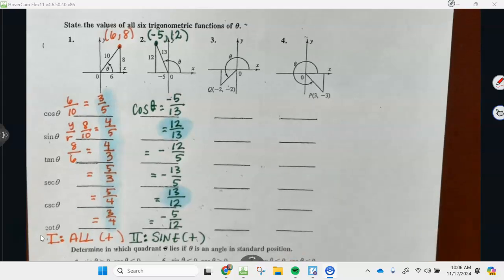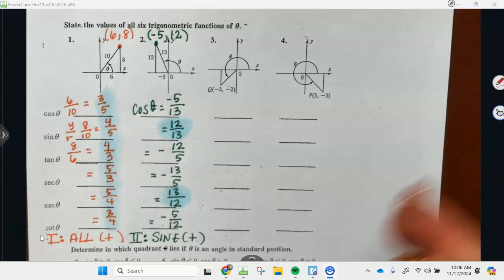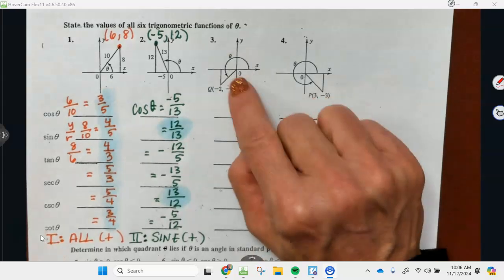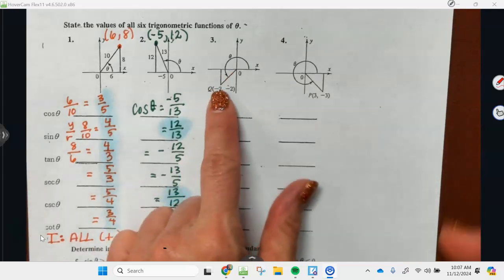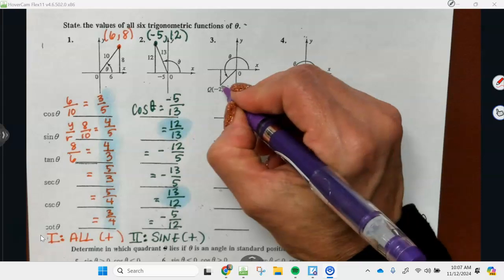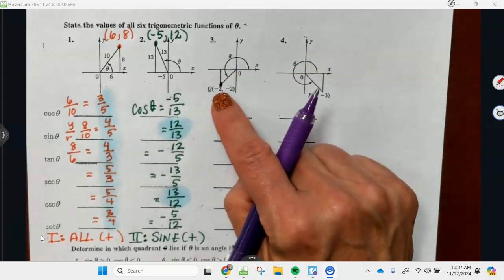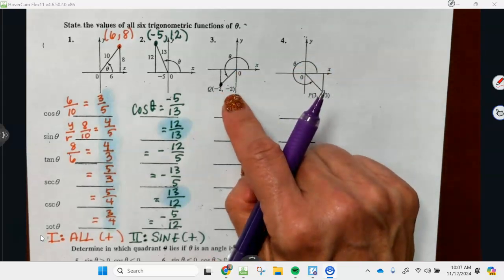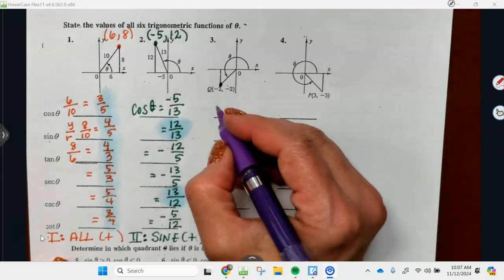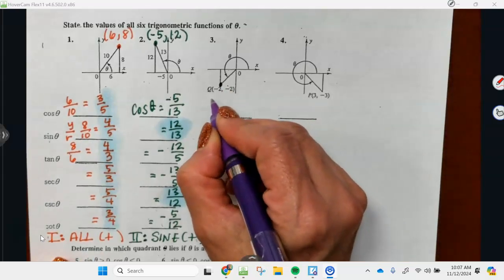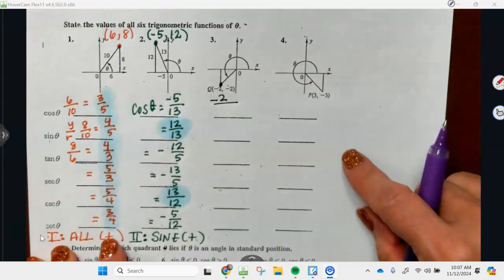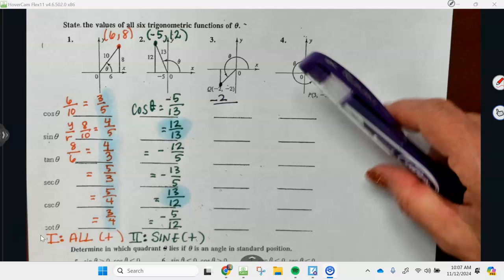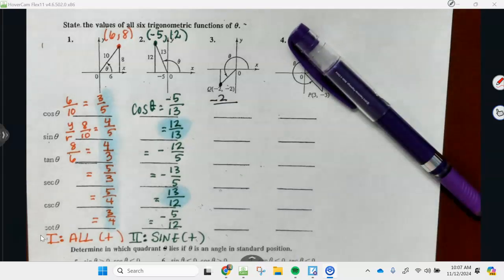Let's analyze what's going on in quadrant 3. So for quadrant 3, we have a pretty big angle. We know it's going to be greater than 180 degrees. And if you notice, they gave us the ordered pair. It goes through the point (-2, -2). So I know that cosine is going to start with the x-coordinate on top, and we're going to divide it by the radius, but the radius isn't given.